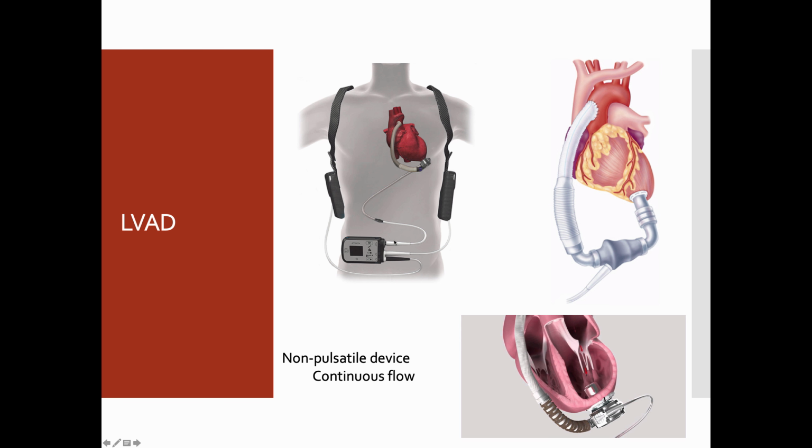There's also potential for driveline infections. So you can see here where this white line stops and turns to this grayish color. That's going through the skin, and then it goes into the body and goes right to the device that's implanted in the ventricular apex. So this drive line can become infected.